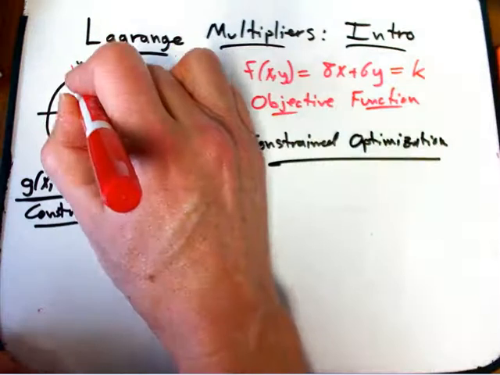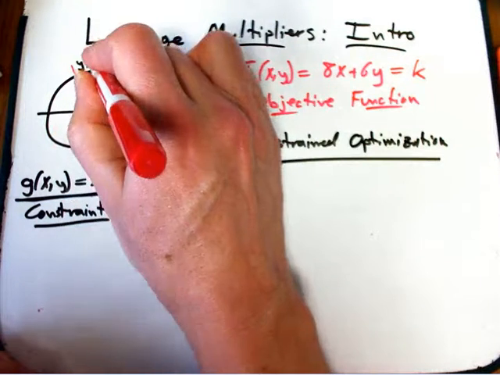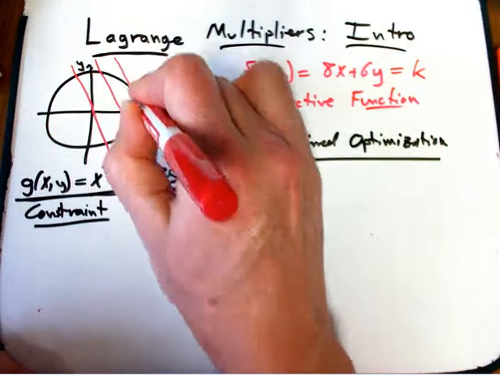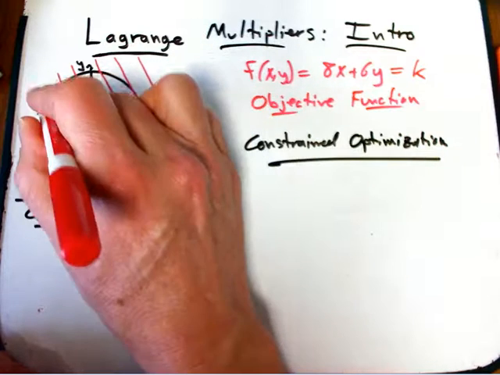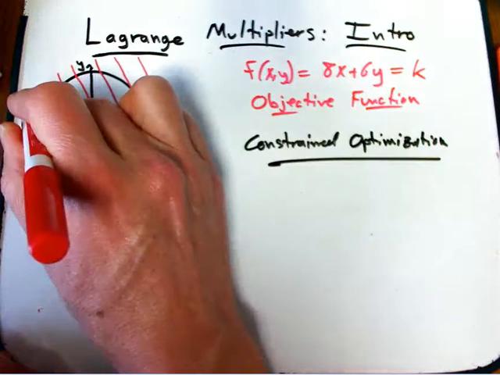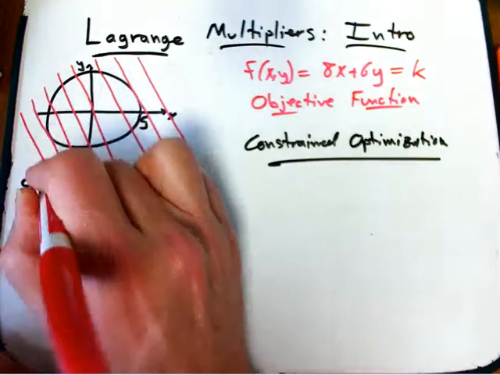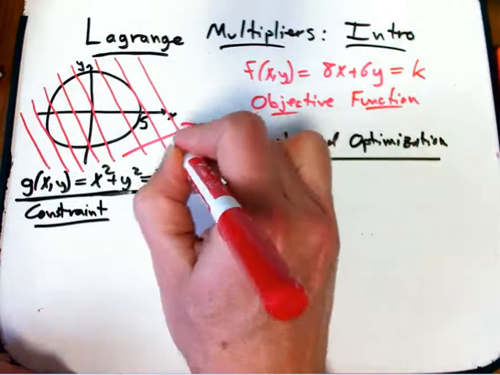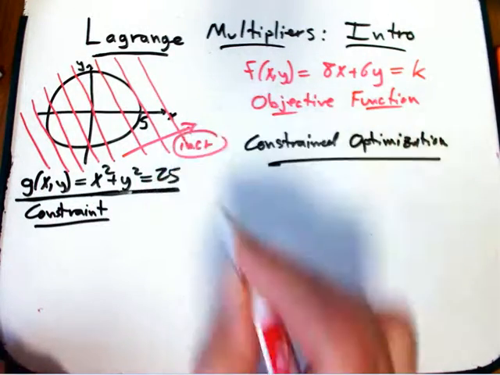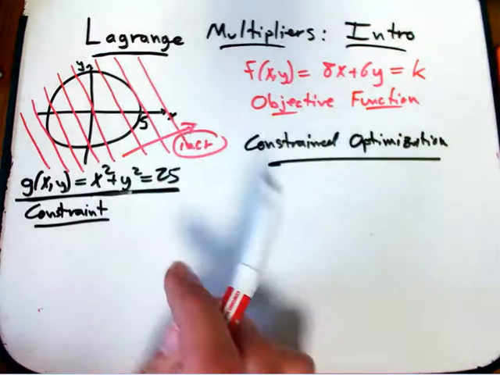It's not hard to see that those are straight lines like this. And as x and y get bigger for this particular function, that's the direction of increasing f.